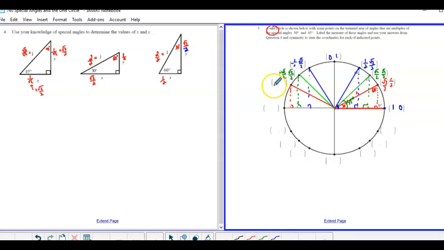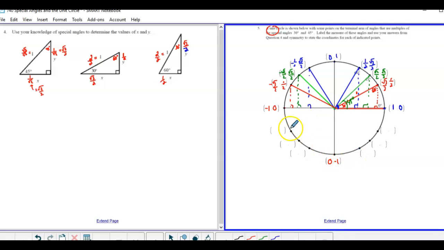So negative root 3 over 2 and positive 1/2. Okay. And then over here we have, again, on the horizontal axis, an x value of -1 and a y value of 0. So down here, you would have an x value of 0 and a y value of -1.